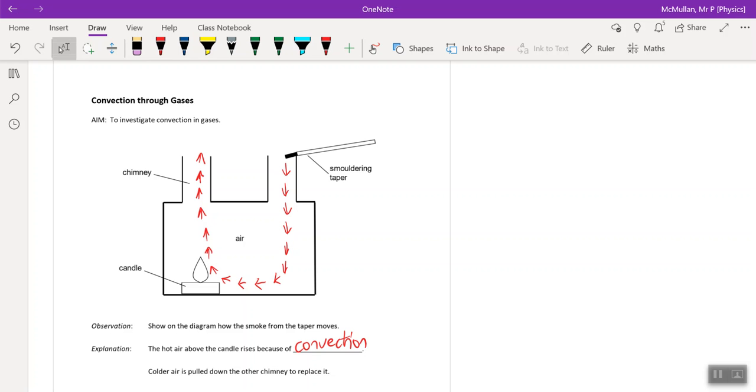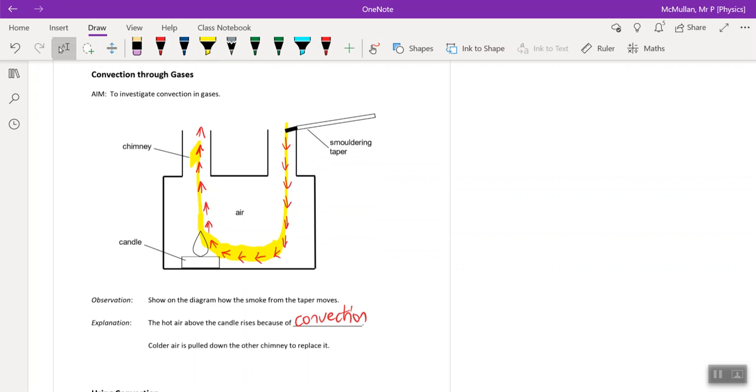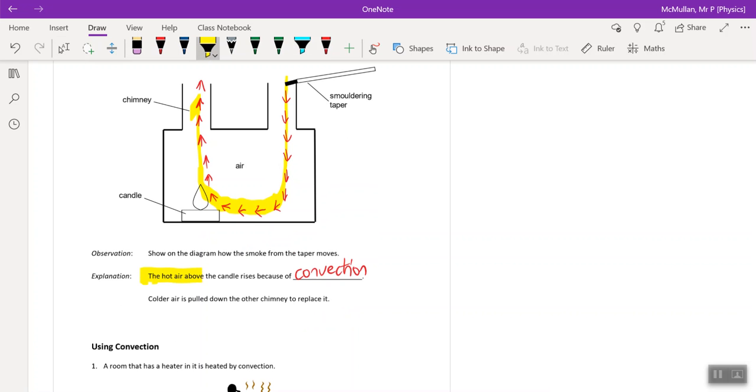The air then rises out of the chimney. The smoke that comes from the smouldering taper would be drawn down and in and follow the heat, creating a sort of channel of air that moves from the input to the chimney. This again is caused by convection. Colder air is pulled down the chimney to replace the hot air.